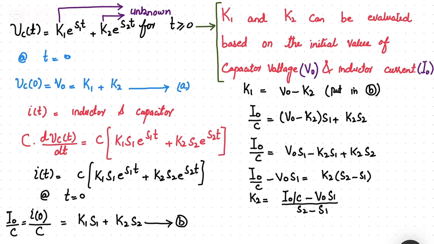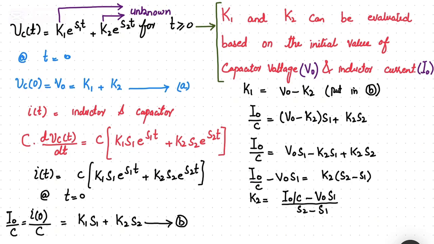This is the unknown coefficient K2 calculated in terms of known coefficients. I0 is the initial value of the inductor current, C is known, V0 is the initial value of the capacitor voltage, and S1 and S2 are the roots of the characteristic equation, and we have calculated all these values. Therefore, we have calculated K2 in terms of all known parameters.